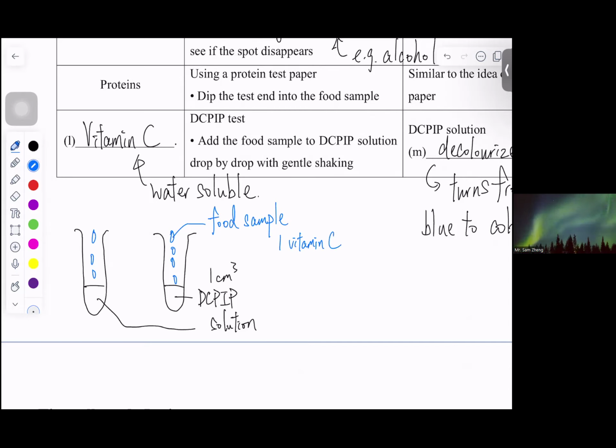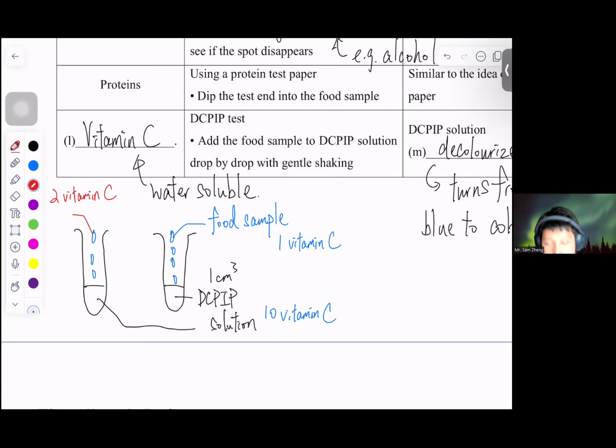While the DCPIP requires 10 vitamin C to change color, the other one has 2 vitamin C in each drop.